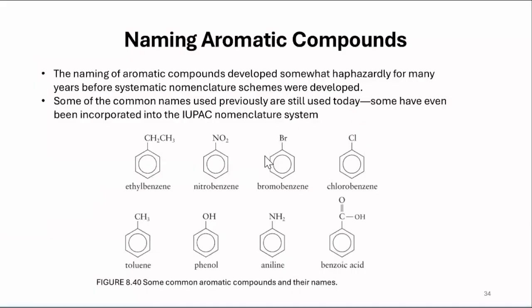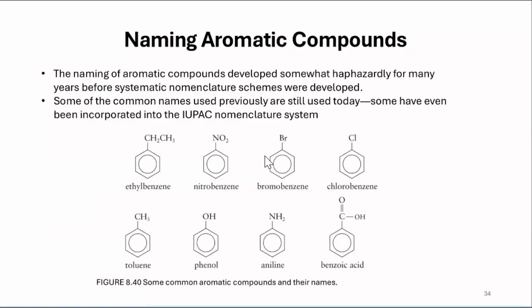When it comes to naming aromatic compounds, understand that some of them are going to have names that are systematic based on the IUPAC system, but other ones are going to have accepted common names for describing them.